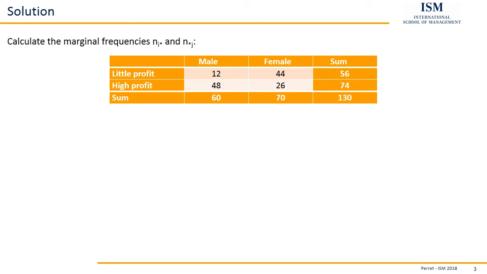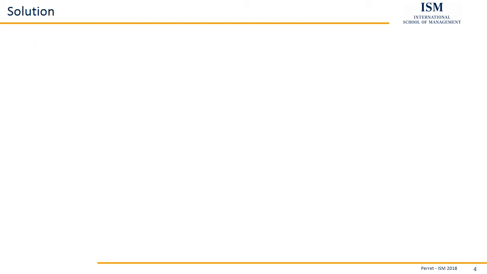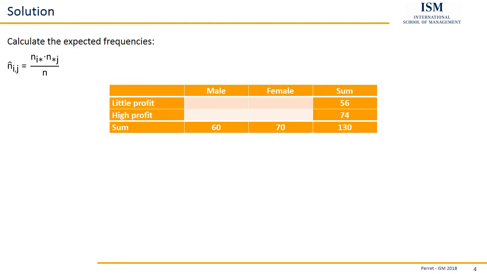So with this in mind, we can go to the next step. And in the next step, we're going to calculate the expected frequencies. For this, we're going to use this formula. However, it's much easier than it might look, meaning we just copy the table from before.